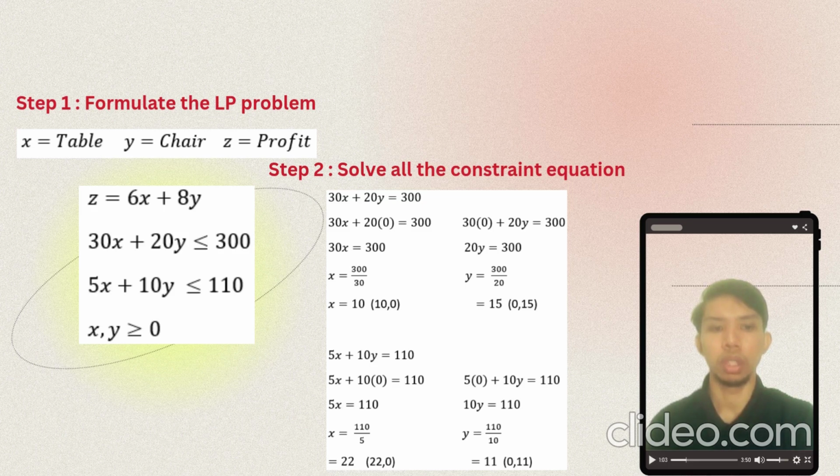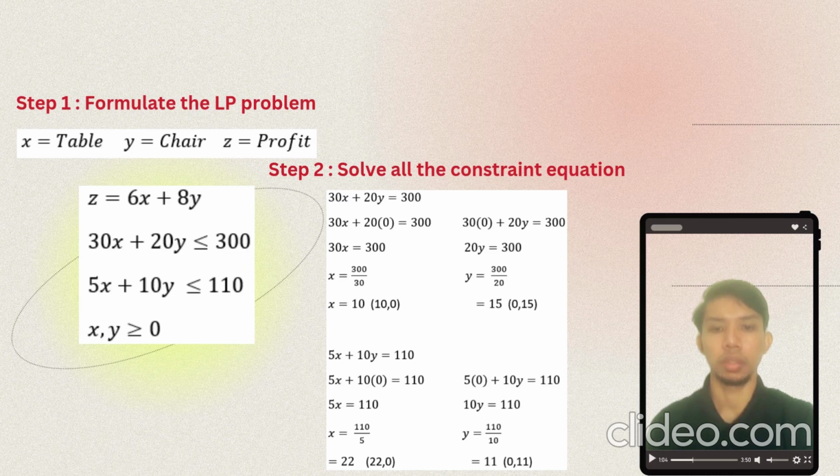Moving to the labor constraint, which is 5x plus 10y equals 110, we repeat the process. Setting y equal to 0, 5x equals 110, so x equals 22, and the x-intercept is (22, 0).